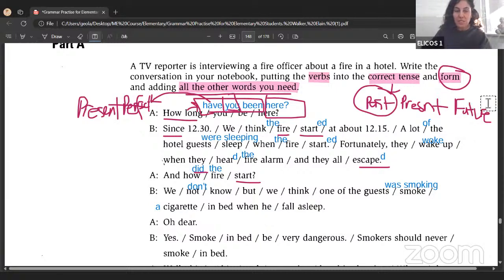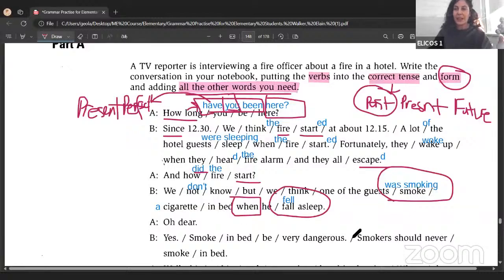So one of the guests was smoking a cigarette in bed when he, it's irregular, fell asleep. So how did I know to put the first one in continuous and the second action in the simple? Because I've got this word here, when.